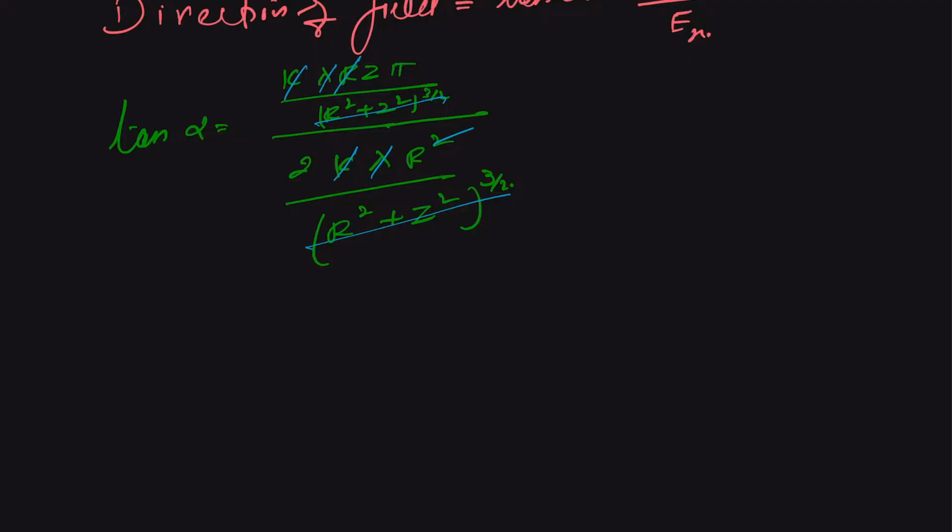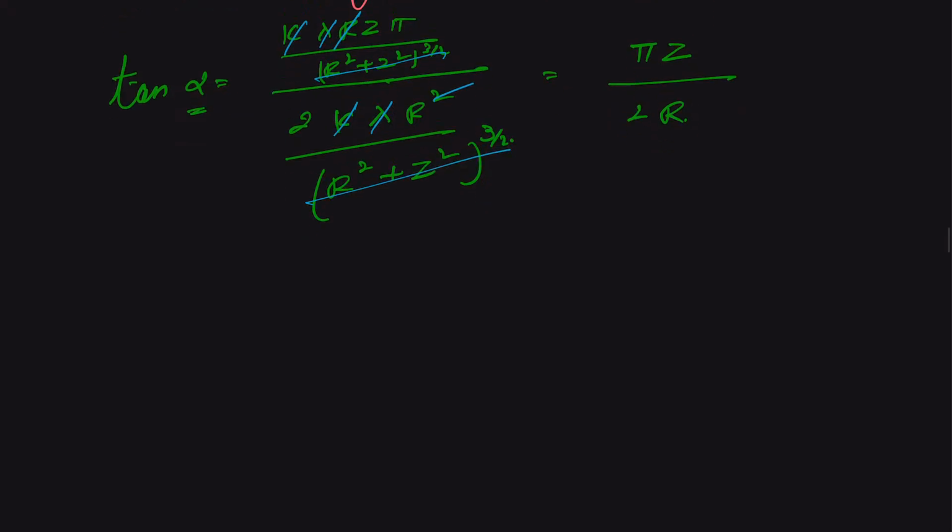So we are left with only pi z divided by 2r. From here we can clearly see that for any value of z, we are going to get only one value of alpha. Therefore we can say the field lies along the same line for every value of z.